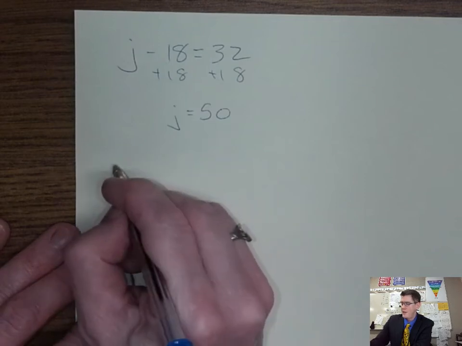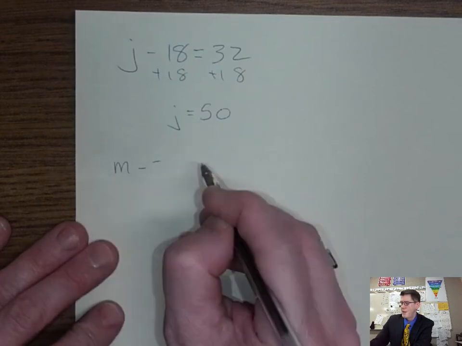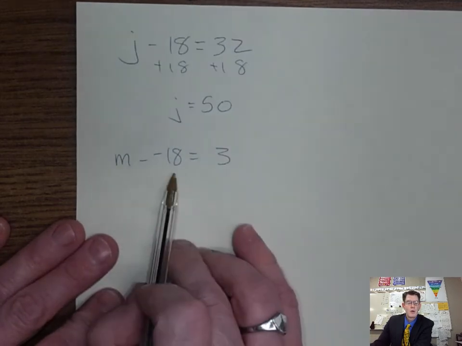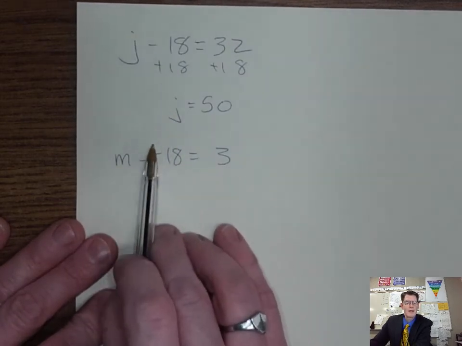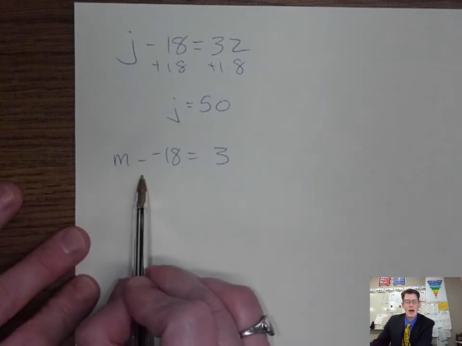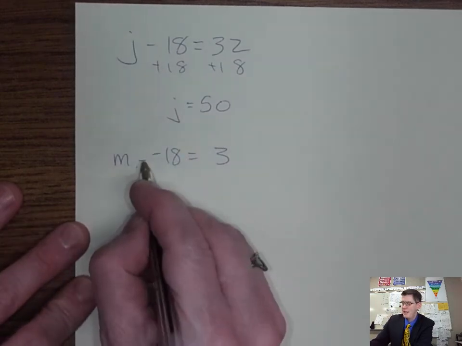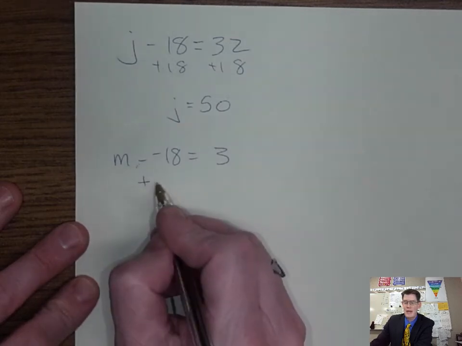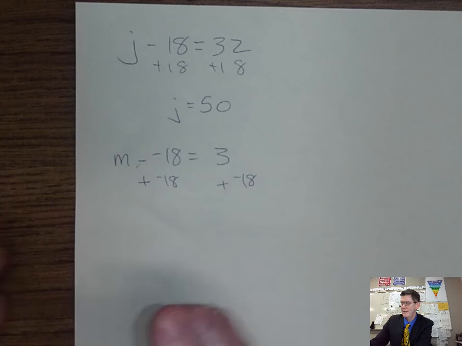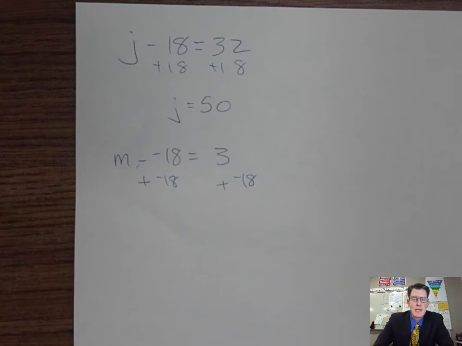What about if the variable is M, and you're minusing a negative 18 to get 3? Well, okay, no, wait, I've got a negative. Just do the opposite. You're doing the opposite. So instead of subtracting, we're adding the number. So we're adding the negative 18, and we're adding the negative 18. Don't let all of the symbols and marks and operations mess you up.